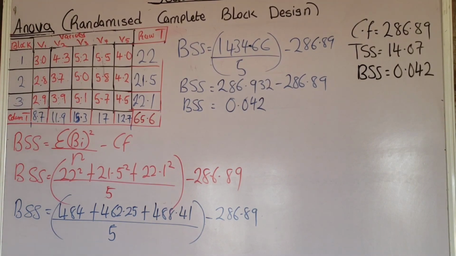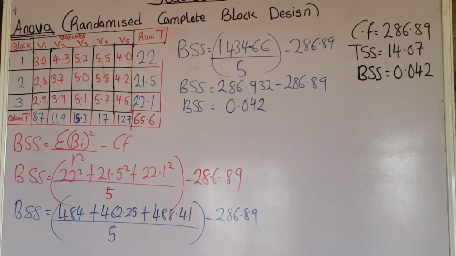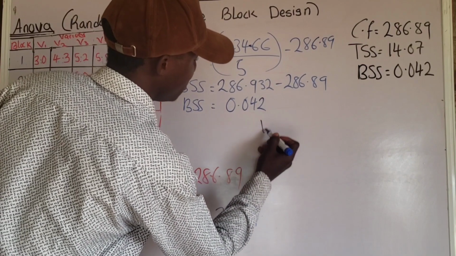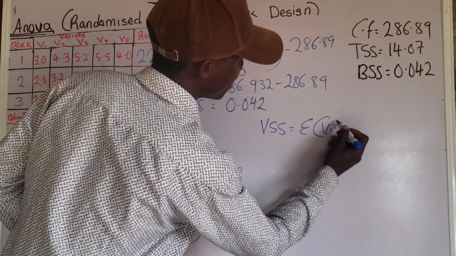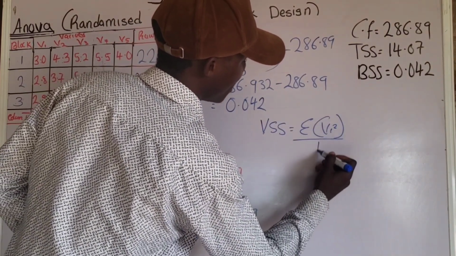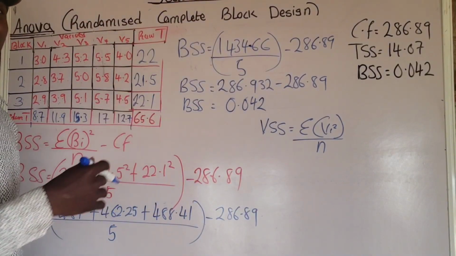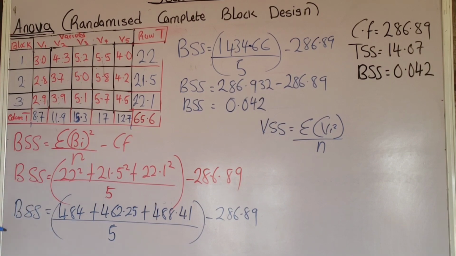of squares or the variety sum of squares. You can call it treatment sum of squares or variety sum of squares. I will just compute it on one side in that place. The variety sum of squares will be equal to the summation of Vi squared all over n. I'm very sure you remember all this formula from our previous class, the first ANOVA table, in our first class on randomized complete block design.